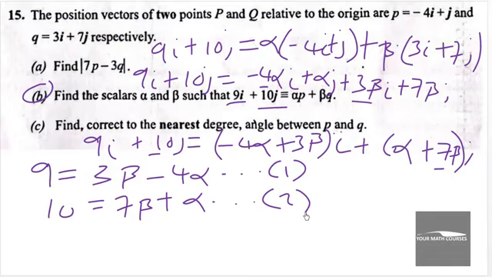Let's make alpha the subject in the second equation. That will give us alpha is equal to 10 minus 7 beta.